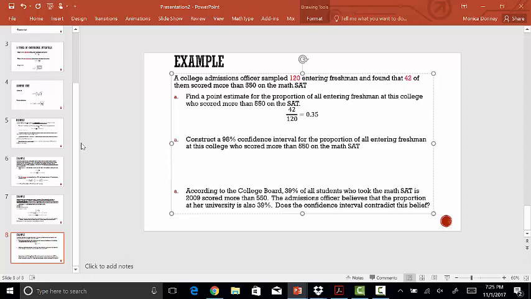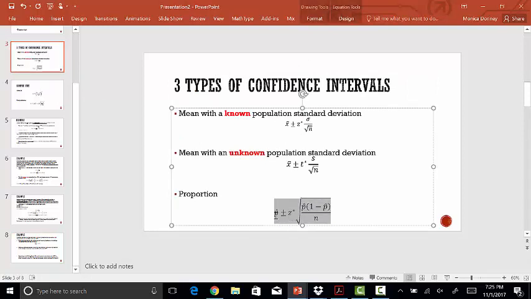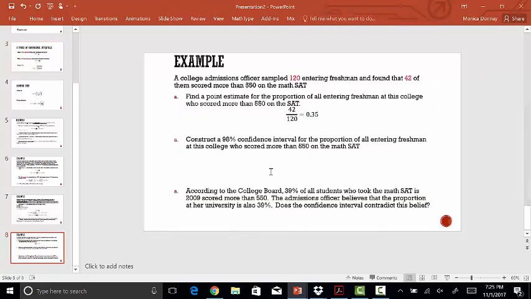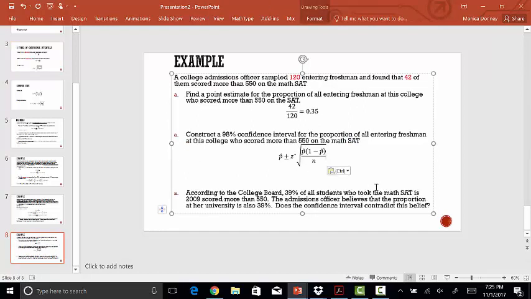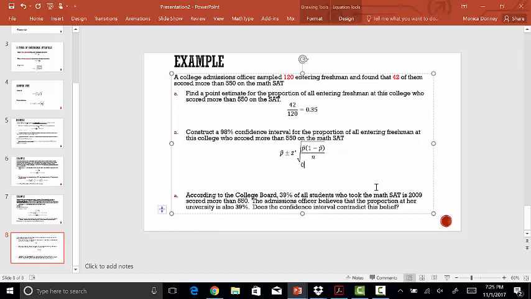So again, this is the proportion problem. I'm going back up here, and I'm using my proportion confidence interval formula. So here's our formula. Our proportion we already found to be 0.35 plus or minus z star. And so again, for z star, we're doing inverse norm. Inverse norm 1 minus 0.98 over 2, comma 0, 1.